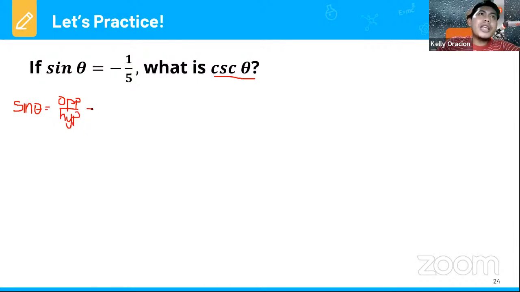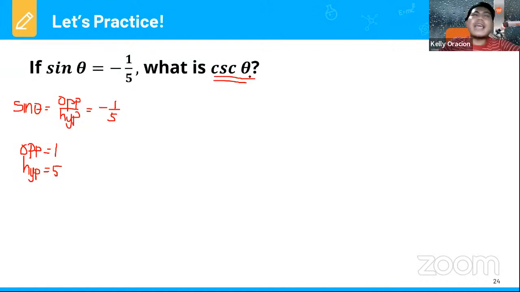Based on the given value, negative 1/5, we can determine that the opposite is 1 and the hypotenuse is 5.